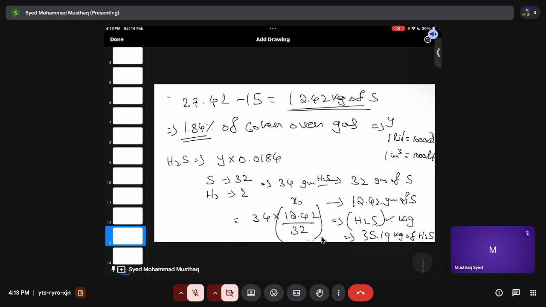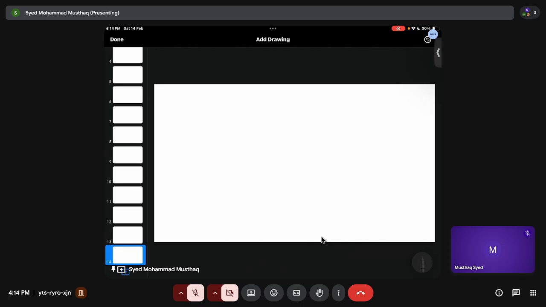Maybe we made a mistake: 12.42 divided by 32 is 0.388125. So finally we have 0.388125 moles of H2S.